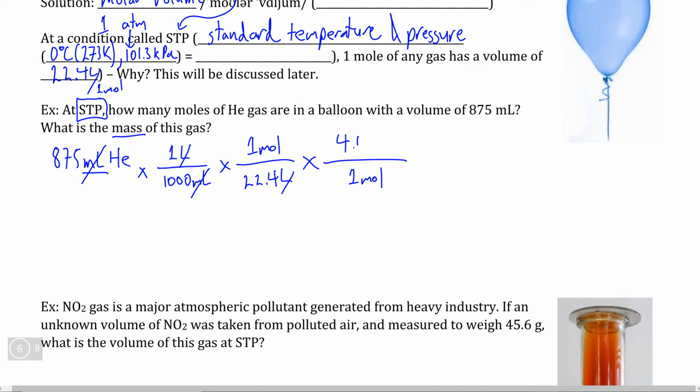So if we put that in, we can see that moles cancel, which leaves us, if we've canceled all of our units correctly, with grams of helium. If you put this into your calculator, you will find that this comes to approximately 0.156 grams of helium gas, rounded to 3 significant digits, because that's how many our initial measurement showed.